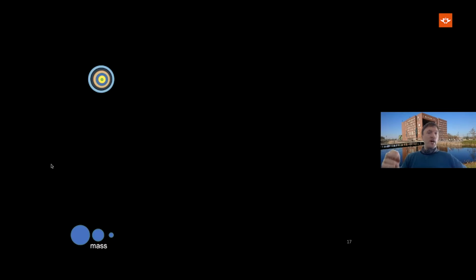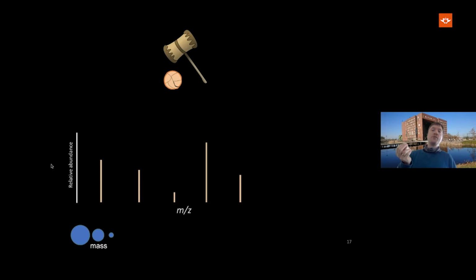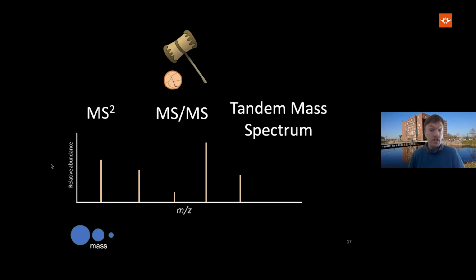However, for today, we will actually focus on one step further, where we isolate one of those peaks that we just obtained, hopefully one type of molecule, and then we add energy in the form of an inert gas in a controlled manner in the mass spectrometer, and then we get a so-called MS2 spectrum or MS-MS spectrum or tandem mass spectrum.